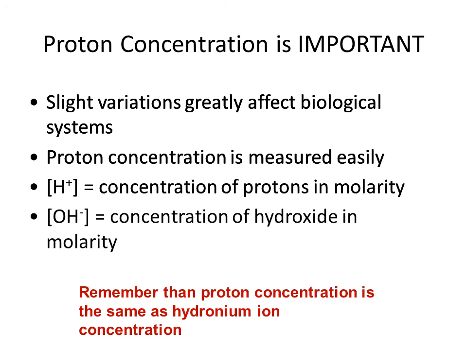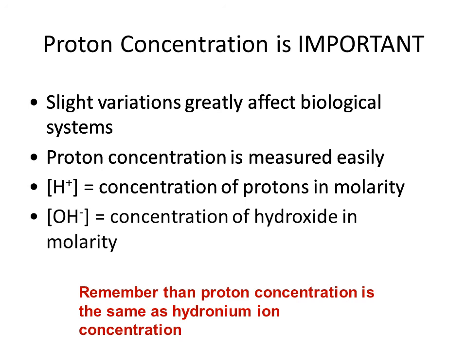It's important in soils, it's important in the cells of plants, it's important in the bloodstream of human beings, it's important in a lot of places, and these slight variations can greatly change what's going on in biological systems. So we're going to look at proton concentration so you understand it better.